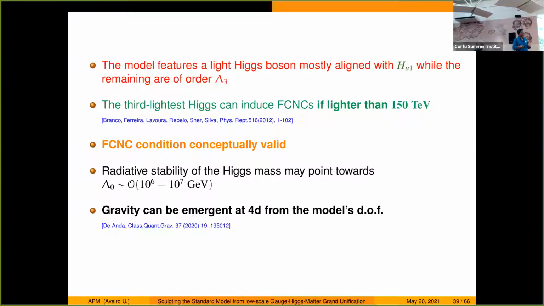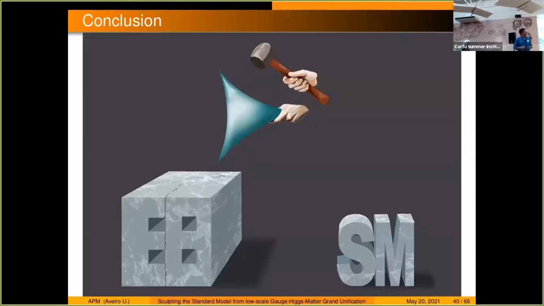Our goal is an alternative approach, and it can be realizable in terms of emergent gravity. One of our colleagues indeed has this paper where he proposed a way of getting this emergent gravity very recently at the 4D level, only with the degrees of freedom of a given model. So this is pretty much what I wanted to say.